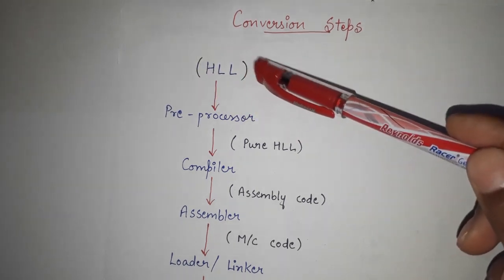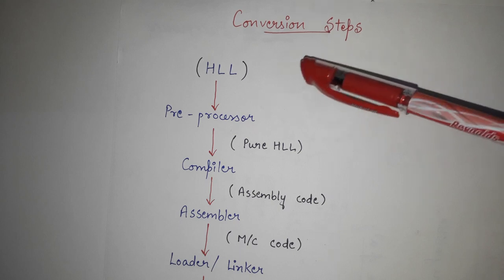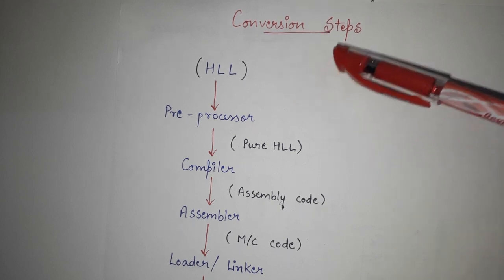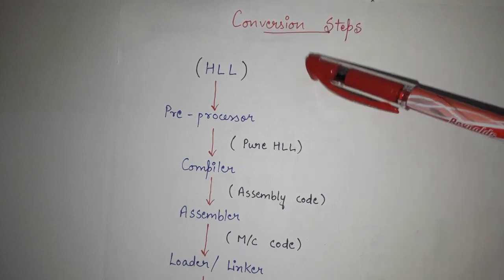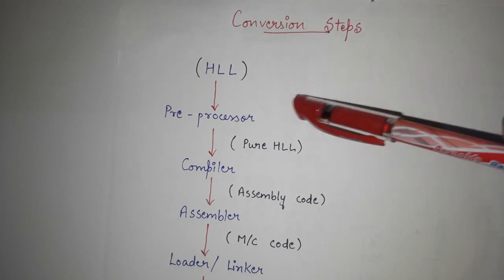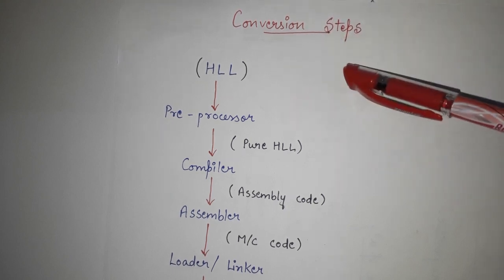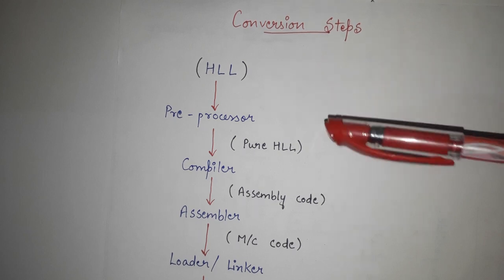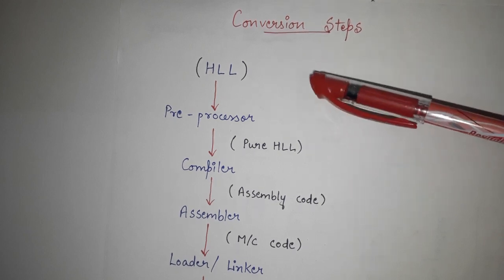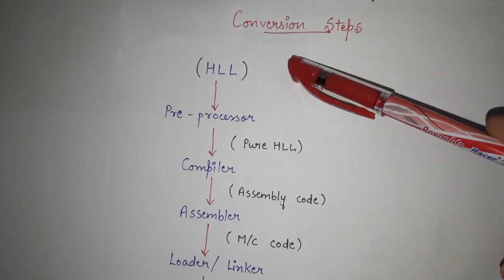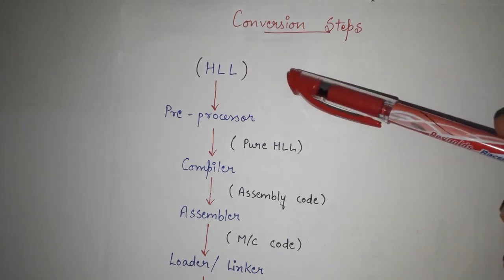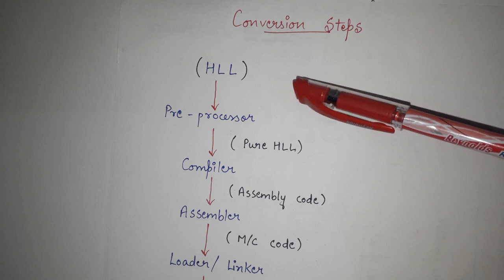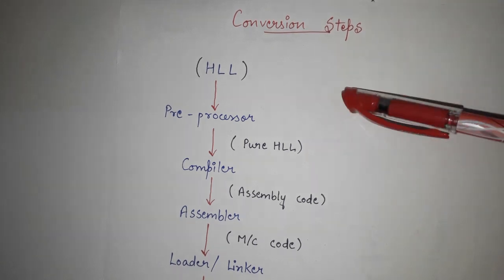The language that we write the program in consists of words, sentences or a structure that we can understand. But the problem is that computers, any machine or system, are not able to understand this high level language directly. They are able to execute or understand a language that is known as low level language.